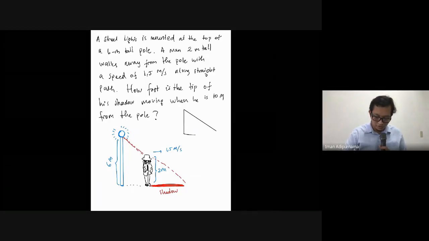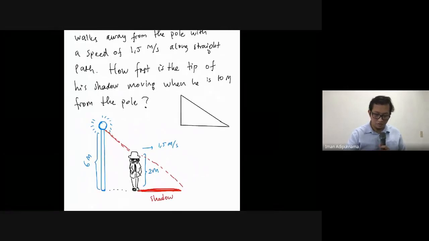To solve this, you need to see the relation between, let's say this is the pole, this is 6, and maybe this is the man. The man is 2. Let's say this is x and this is y.